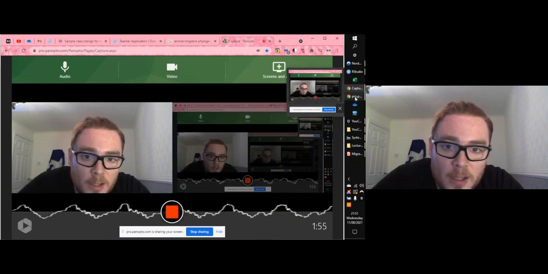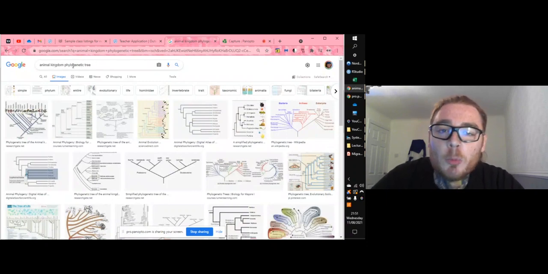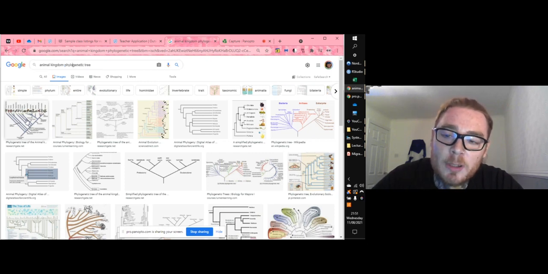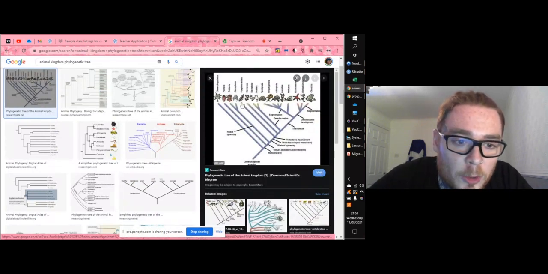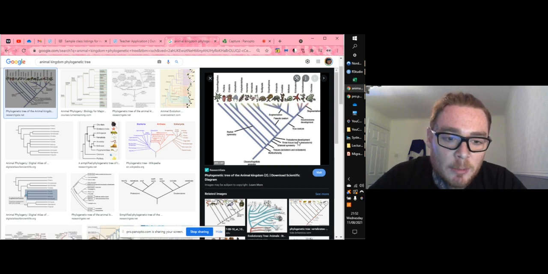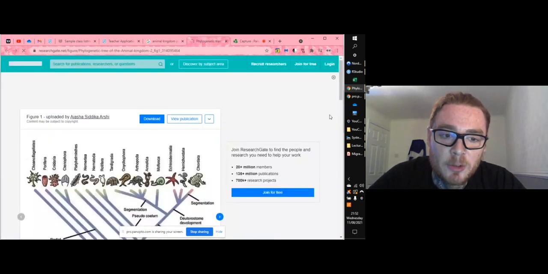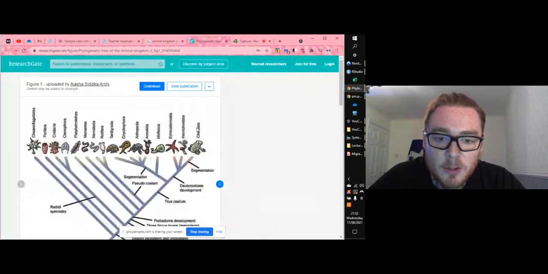So one of the things you can see, for example, here, if you type into Google animal kingdom phylogenetic tree, don't worry too much about this complex word, but this is just a family tree showing how different types of animals might connect to each other. So what you're seeing on the right hand side of this diagram here, and we can make this image bigger so you can see it better, these are the chordates.